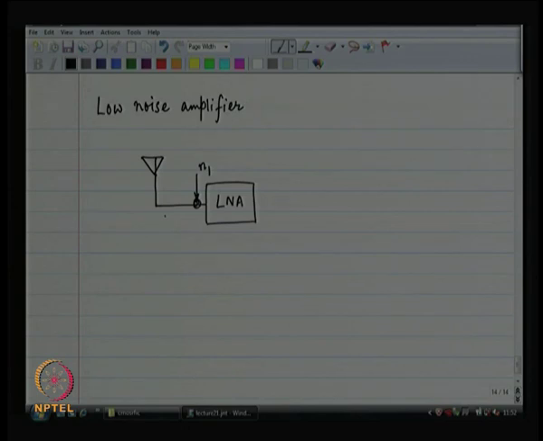So, there is noise in the source, there is signal, let us call the signal as A, okay.